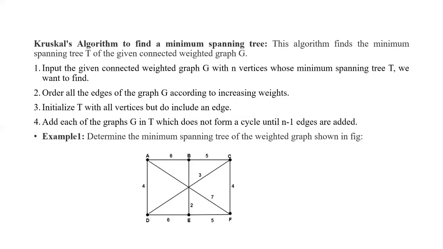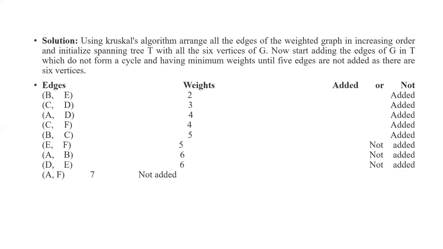Whatever the minimum weighted edge is, draw that edge. Again, find the next minimum weighted edge and draw that edge. So we find the minimum weighted edges in increasing order. We will see an example of how to find the minimum spanning tree.